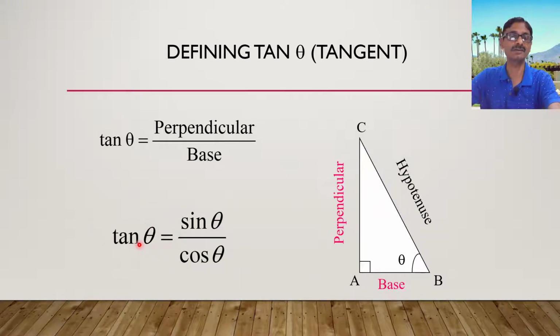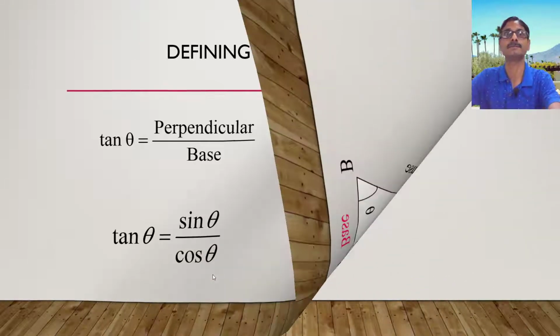And of course, tan theta would also be sin theta upon cos theta, because sin theta was perpendicular upon hypotenuse, cos theta was base upon hypotenuse. On dividing them, hypotenuse will get cancelled and tan theta would be sin theta over cos theta.